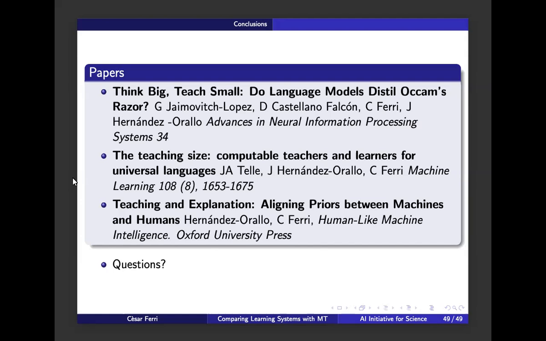Then we employed this framework to extract explanations of concepts in this chapter with my colleague Jose. And finally, the part in which we compare learning systems has been recently published in this paper, Think Big, Teach Small: Do Language Models Distill Occam's Razor? That's going to be presented in this conference in 2 weeks.